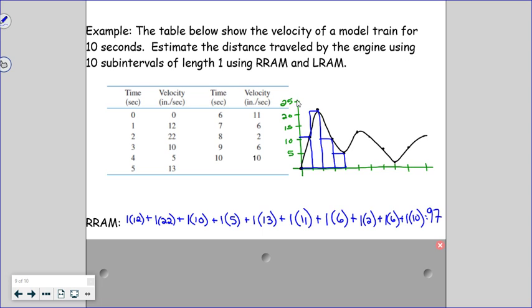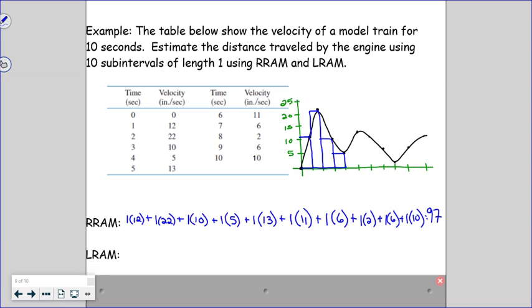It's going to ask us to do LRAM. Now, if in RRAM I did all the numbers except for the first one, in LRAM I'm going to use all the numbers except the last one because it will never be the left-hand side of a rectangle, right? Is that making sense? So you kind of understand what I'm talking about right there. You can kind of speed this up for yourself.